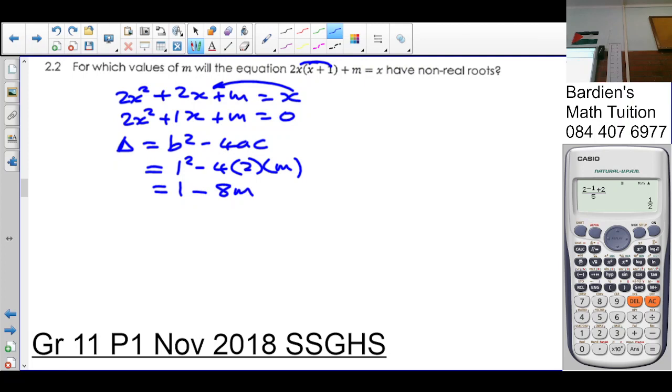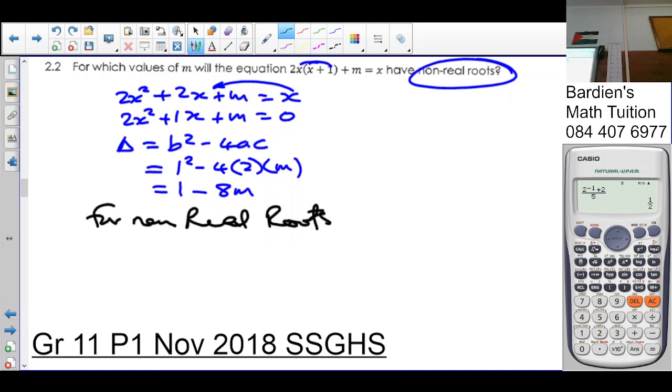So we said for non-real roots, what do we know? We said delta must be less than 0, which means to say negative. So in other words, delta is 1 minus 8m. So 1 minus 8m must be less than 0.